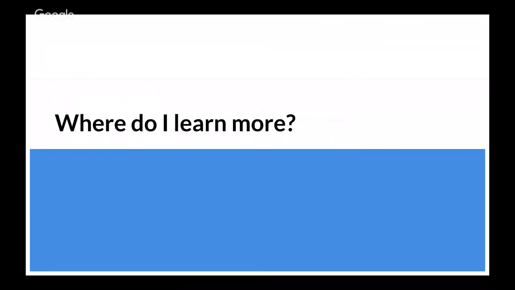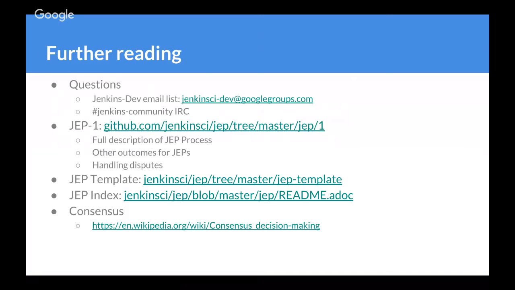Excellent. So where do you learn more? Further reading: you can ask questions on the Jenkins CI dev list and the Jenkins community IRC, lots of friendly folks there. Take a minute to go read JEP 1. Now that you've seen the overall process, hopefully that document will look a little less daunting. Just read it through once.